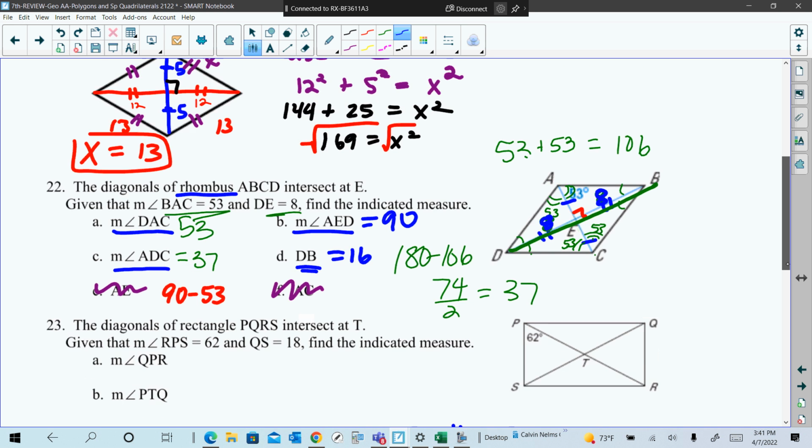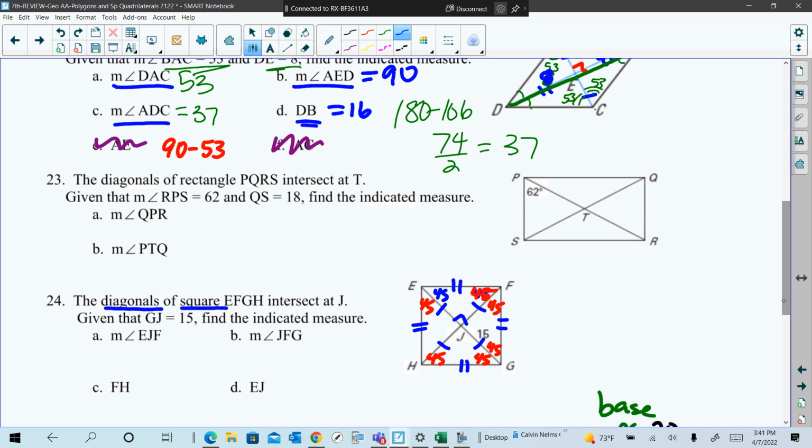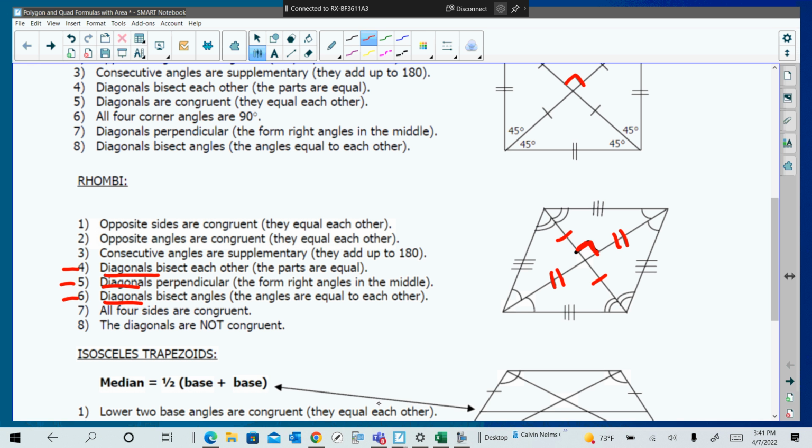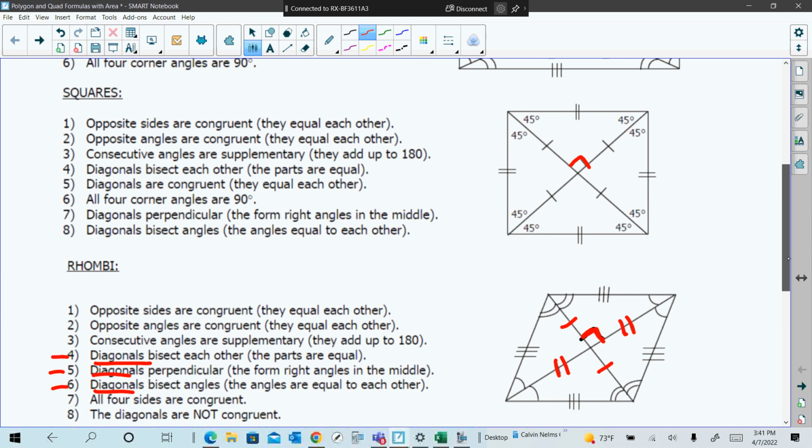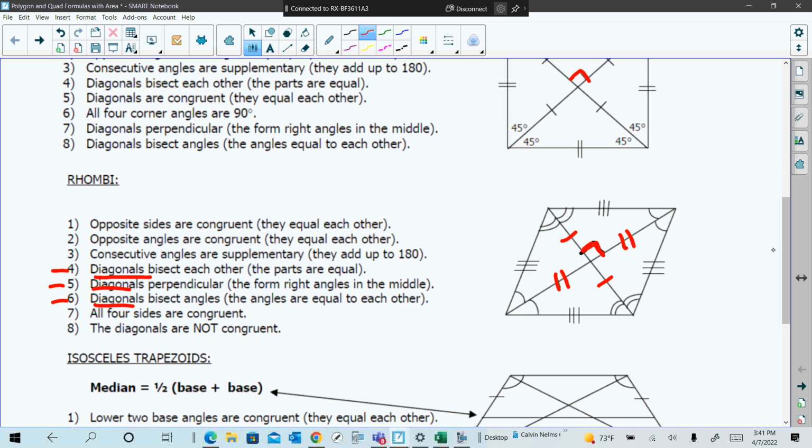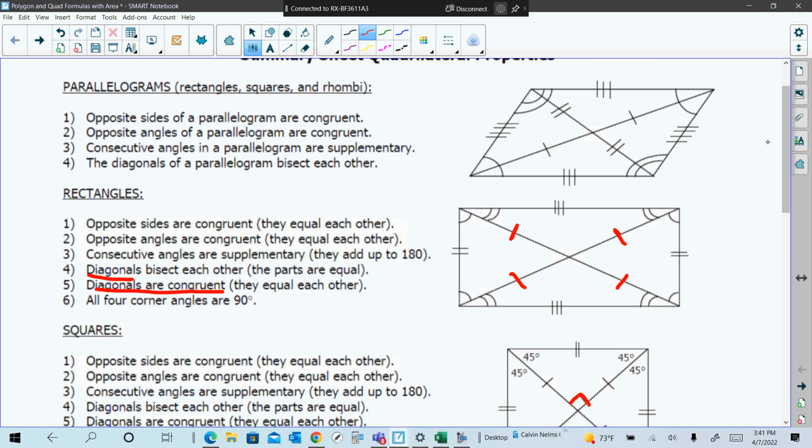Now for 23, since they're asking us to find the measure of these angles, I'm going to use this 62 here. And we're dealing with a rectangle. So if I go to my rectangle example, notice that on the rectangle here, we have a single arc and then a double arc. And then we're supposed to remember there are 4 right angles. So those together make a 90 degree.